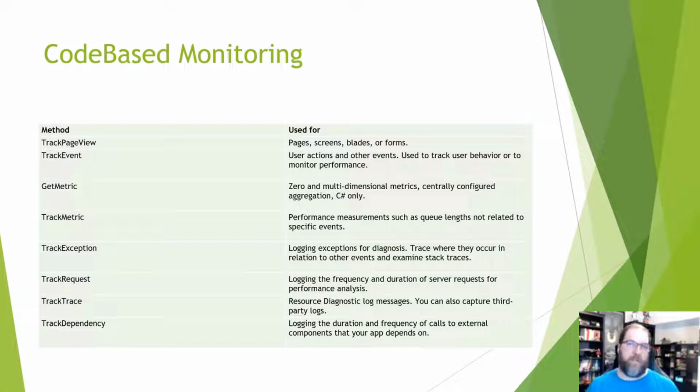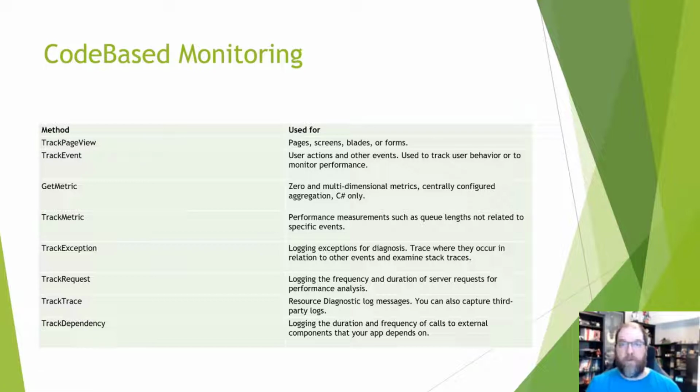When you are leveraging the SDK, I mentioned that you can do custom events, custom metrics. There's a large number of APIs available in the SDK, and these are the main ones. If you have a single page app, on the back end you might just see a request for slash.